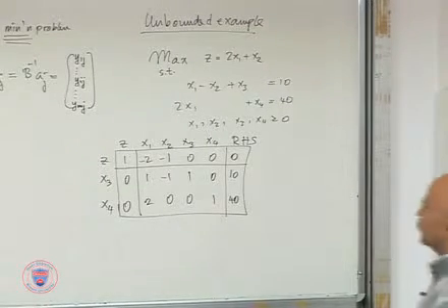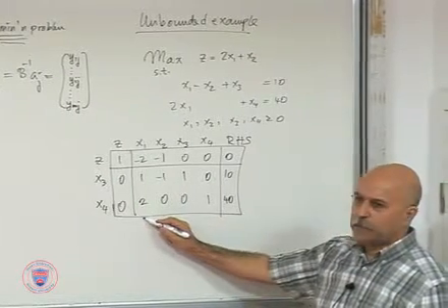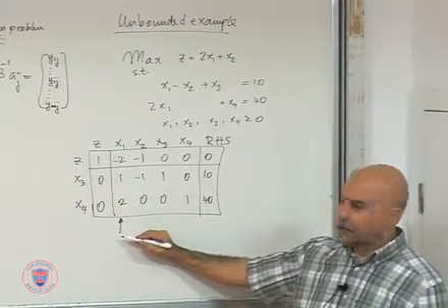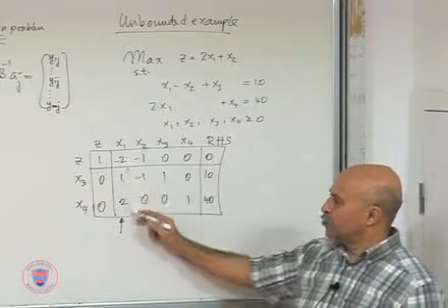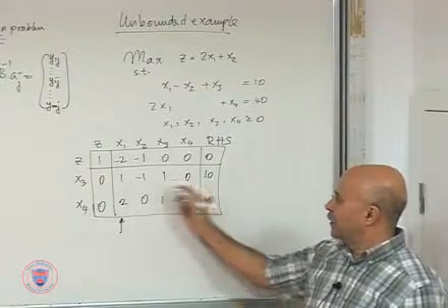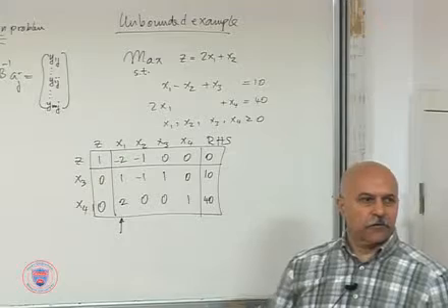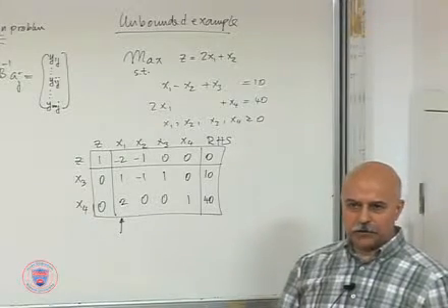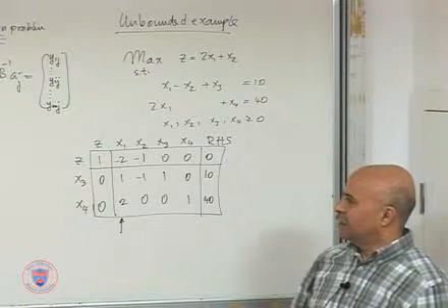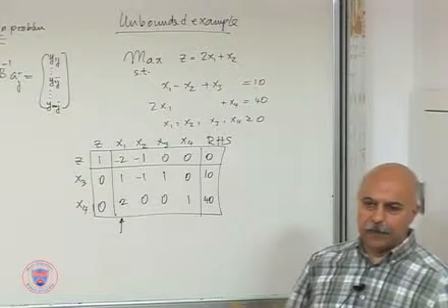In this case, I'm looking for an entering variable which is negative. And if I'm tempted to choose the most negative one, that's what I would choose. Except that I'm not going to choose that, because if I choose that, there's nothing wrong with that. Then these are positive entries, so of course, I can go through one iteration, get the new solution in terms of the new basic set of variables, and then still look for unboundedness.